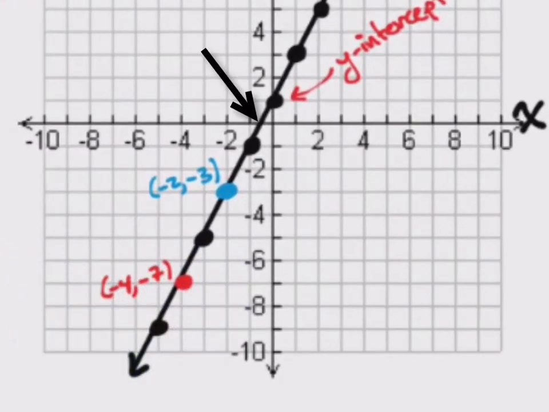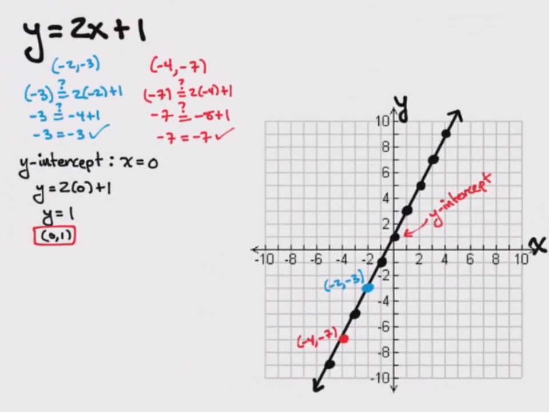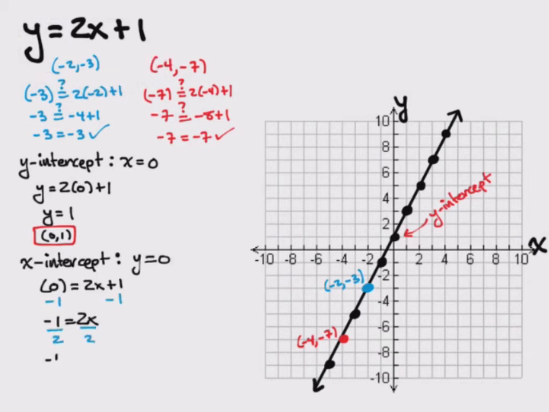So here it is right here on our graph, and it appears to be somewhere between 0 and -1, maybe -0.5, but let's also confirm algebraically by just substituting 0 in for our y-coordinate in our equation and solving for x. So in this case, we'd say that the x-intercept is the point (-1/2, 0), or you can just give the x-coordinate and say the x-intercept is -1/2.